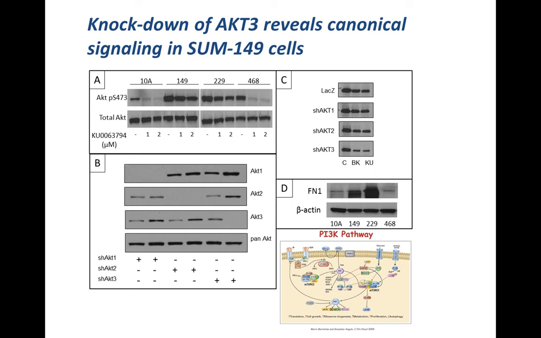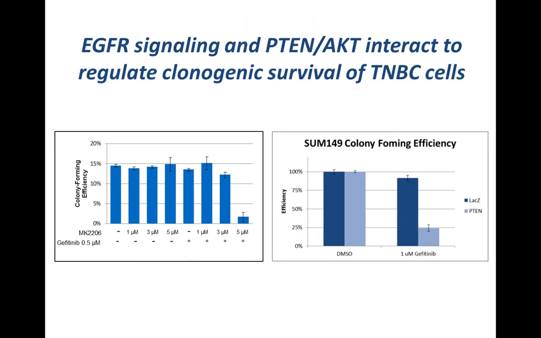We knock out AKT2, a little bit of an effect. But if we get rid of AKT3, now these drugs suddenly work the way they're supposed to. So this really pulls the whole story together and suggests that AKT3 is now in the center of this axis, but we still don't really know how it gets phosphorylated, and that's something we're actively working on right now.